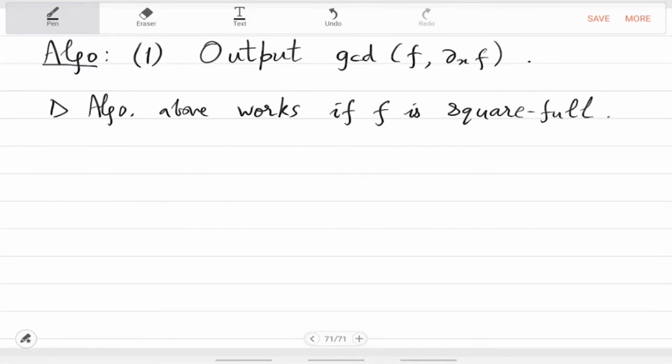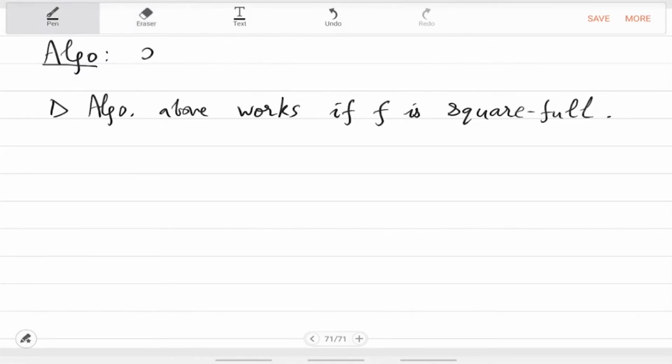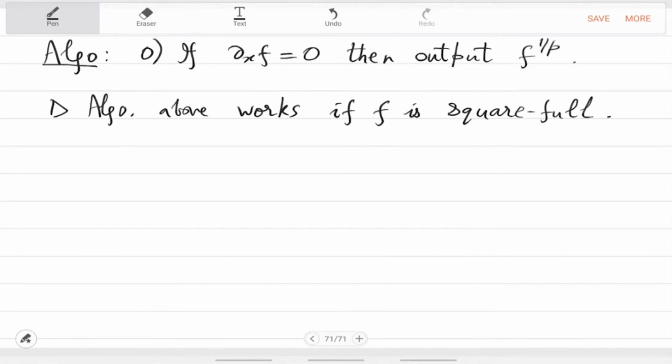The case of the derivative being 0 I should also capture here. Let me change this. The output should be f divided by the GCD of f and the derivative of f, if the GCD of f with the derivative is non-trivial.